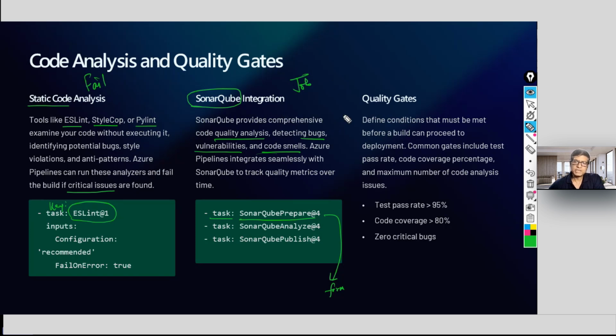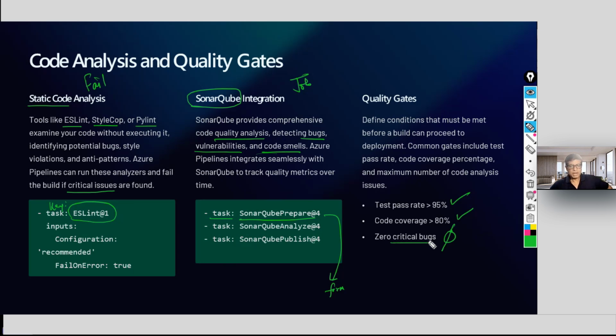Once everything passes, you can define your quality gates. You will say that you can only pass the code when the test pass rate is 95% or greater, code coverage is 80% or greater, and there are zero critical bugs.